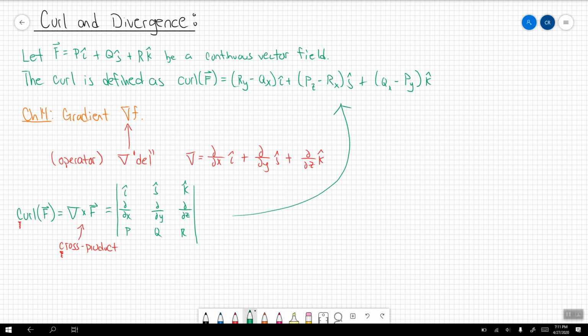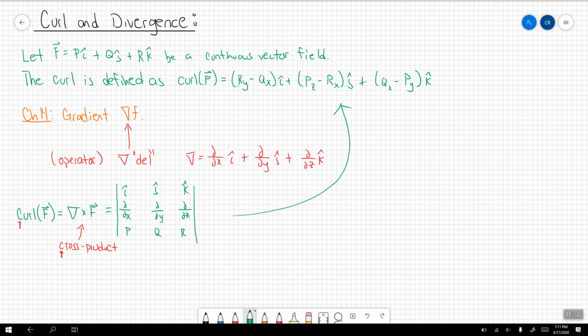Which, again, tells us we can use this definition, or we can rely on the methods that we've developed so far. Me personally, I like using the methods we've developed so far, this whole idea of taking a cross product and using this determinant to figure out what that cross product is. All right, so this is how we're working with this.